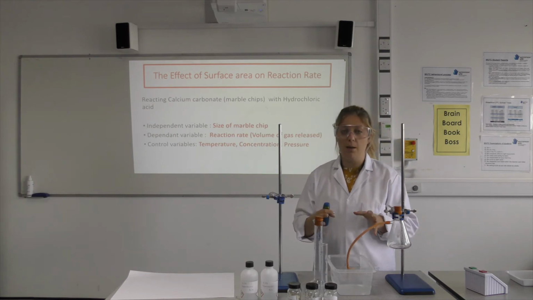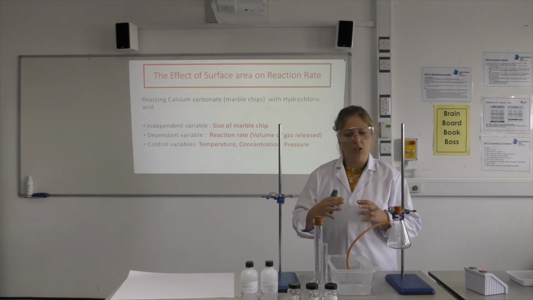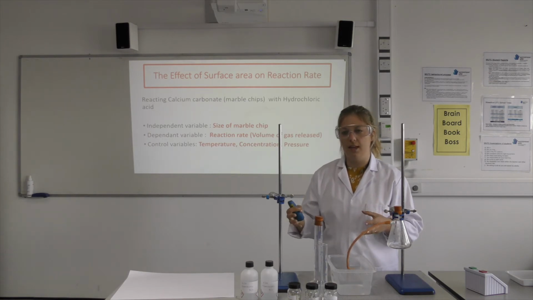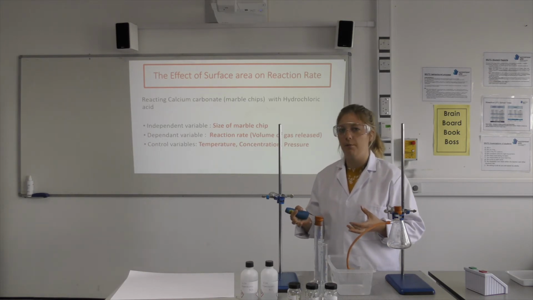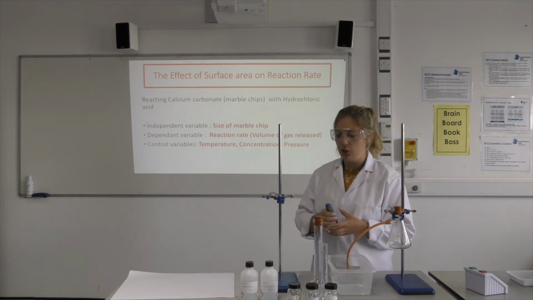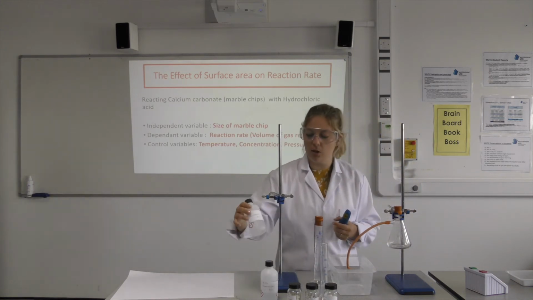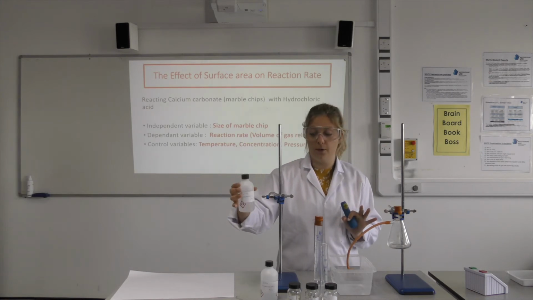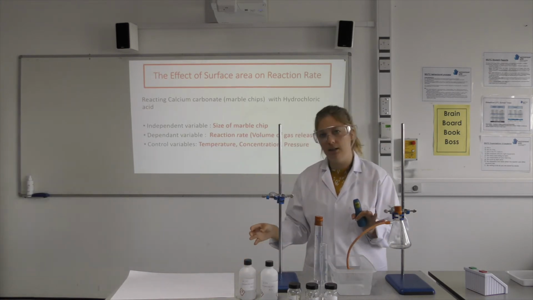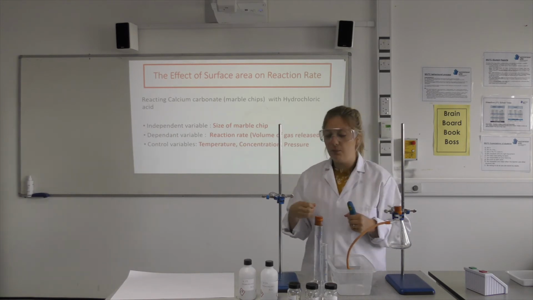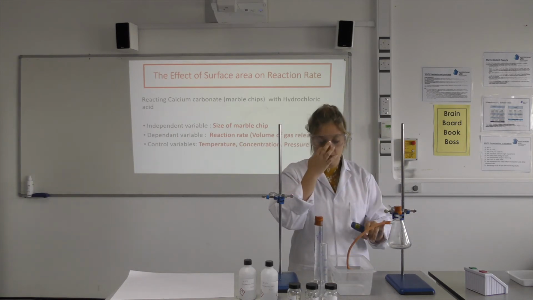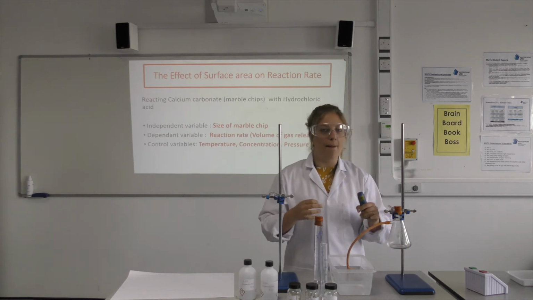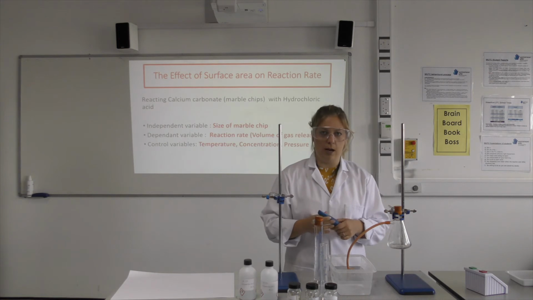We're going to make sure our temperature is maintained, and it's going to be done at room temperature, all within the same day, so the room's going to be roughly the same temperature. Concentration. The hydrochloric acid we're using is going to be 0.5 molar, and it will be 0.5 molar throughout the whole experiment. And finally, pressure. The container that our reaction is going to be happening in is going to be the same size container, and the pressure is not going to be changed.